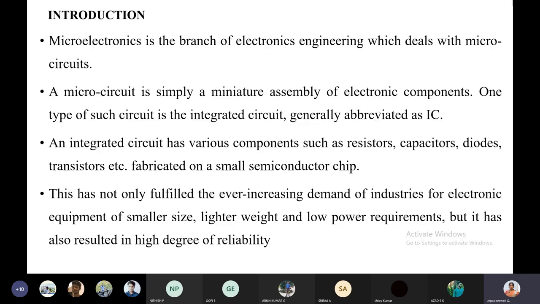Then we can also say it in some other way. Linked together, ma'am. Yes, together. The simple meaning is together. So that is the meaning of integrated.